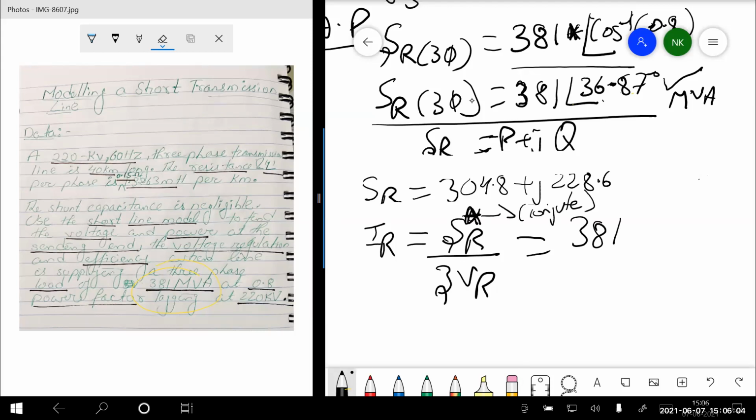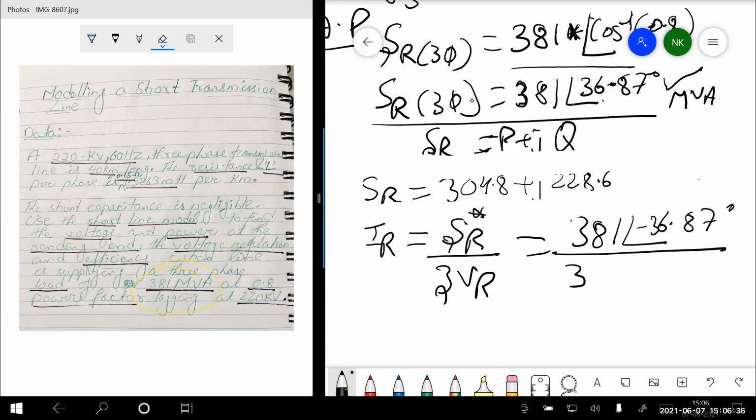What we do in this segment is change the symbol of your angles. If SR is given as 381, that is 386, so it will be 336.87, where it will be 3.